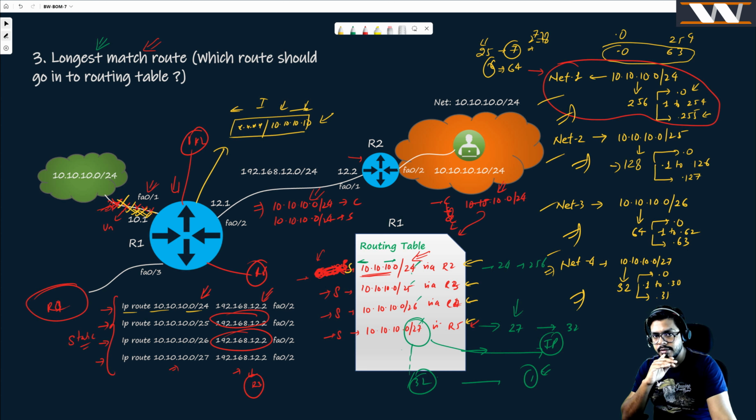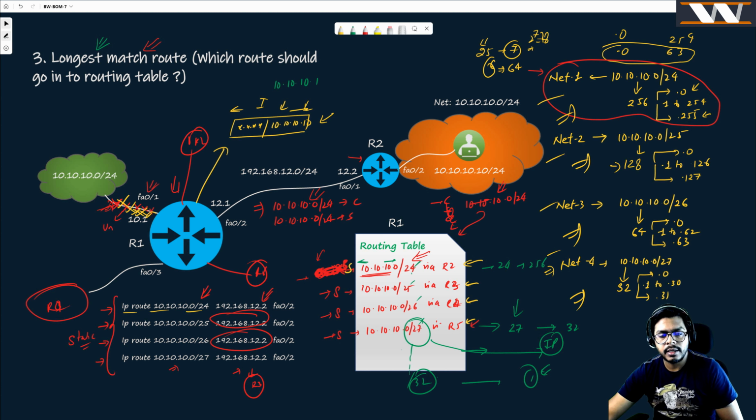As simple as that. So suppose a packet comes with the destination address of 10.10.10.175. Is this host in this network, the below one? No. Although it has the subnet mask /27, it does not have this host, right?